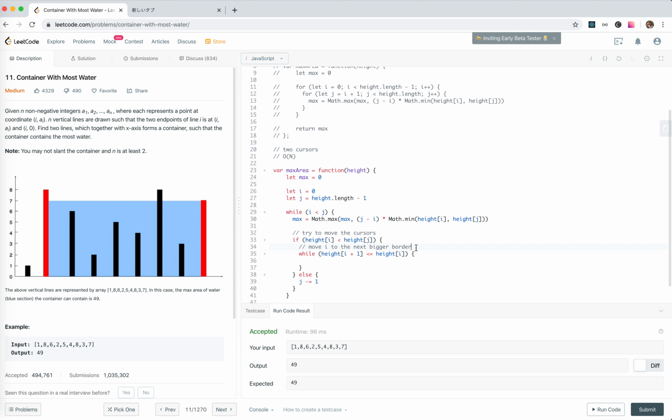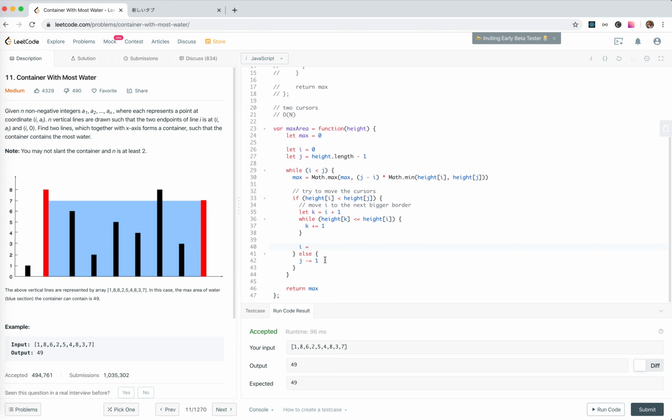Let k equal i, while k is smaller than j and height k is smaller, k plus equals 1, and then we set i equals k, which stops when it's bigger.